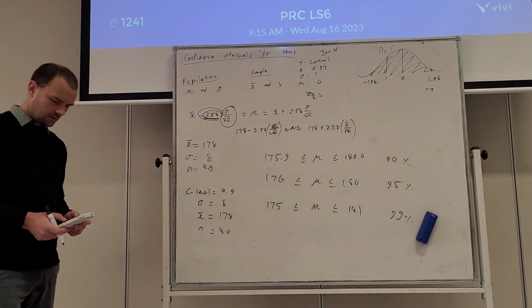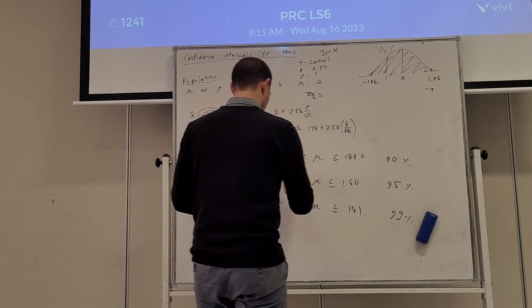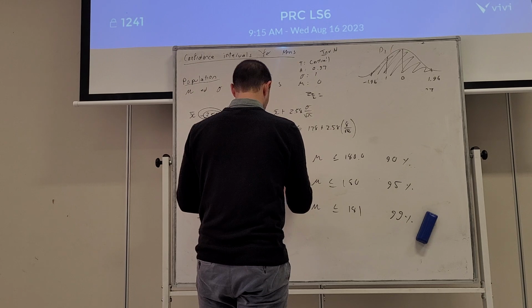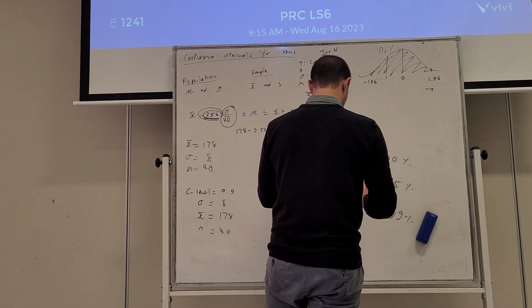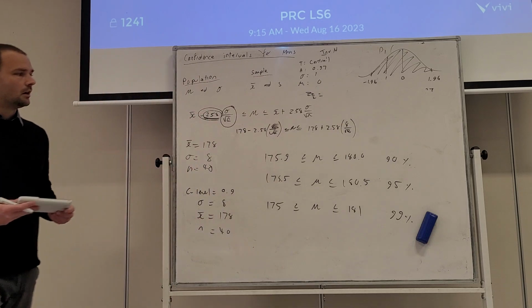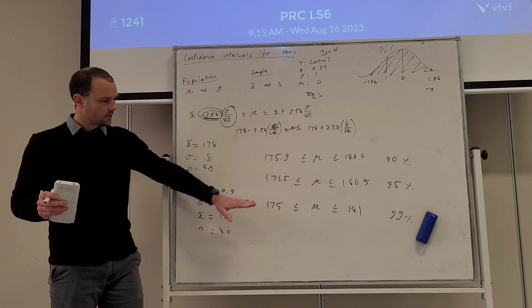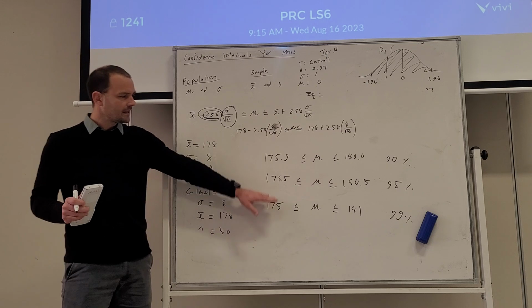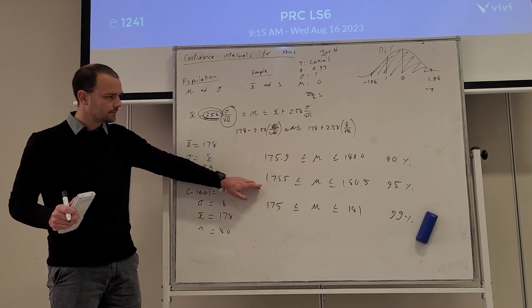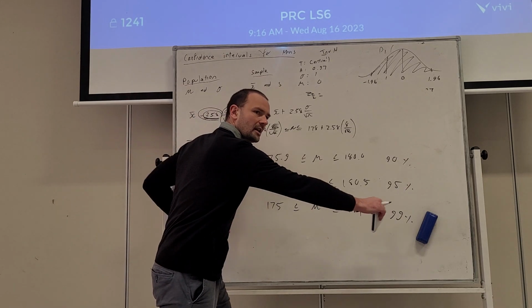Now, I might just put more detail on the 95 just to make one point here. What I want us to observe here is that as we increase the level of confidence, the window gets wider and wider.